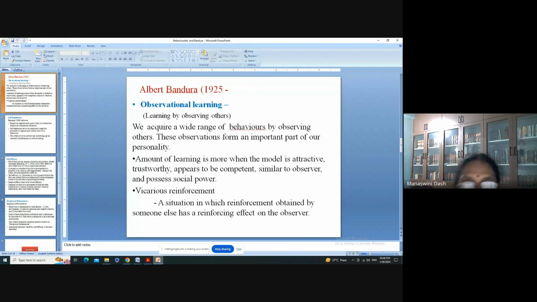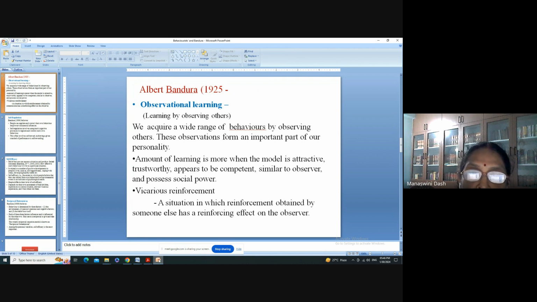So we imitate or observe the behavior of others and acquire this behavior, adopt this behavior to ourselves, and that is also known as modeling.